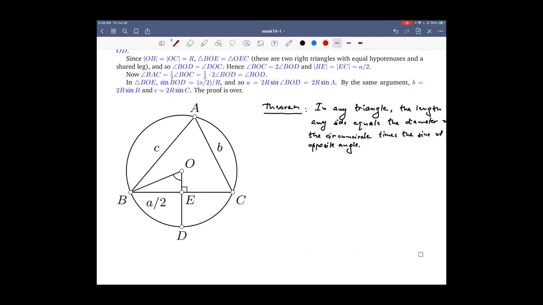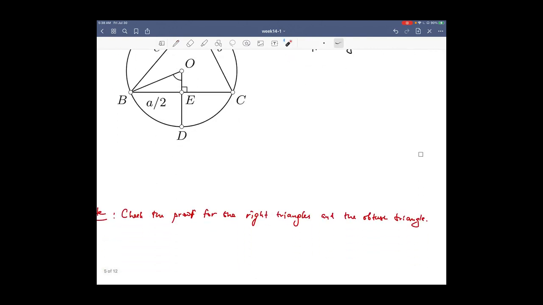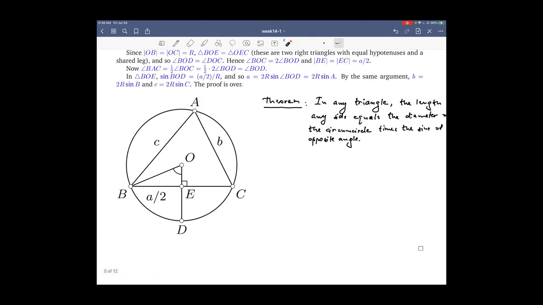All right. In our situation, when all angles are acute, the proof is the following, and it will remain for the other two cases. So here is the triangle ABC.